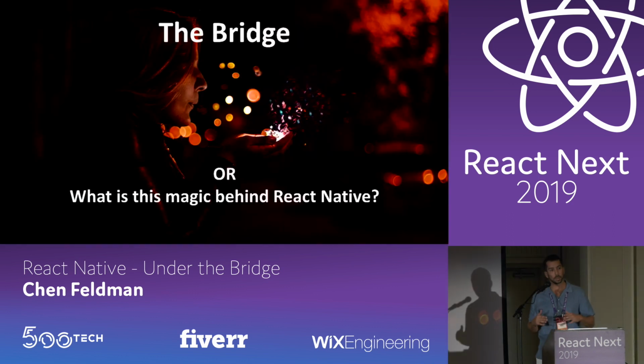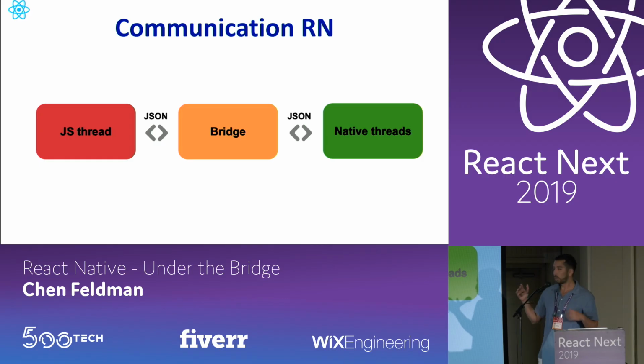So let's deep dive a little more into the bridge. After we understand that you write JavaScript code, and it's actually mapped to native components, but not compiled to them. So the bridge, like I said, is not magic. It's a whole architecture. So how does it work at a high level? If we divide the communication between the native side and the JavaScript side, we have two different threads inside the app.